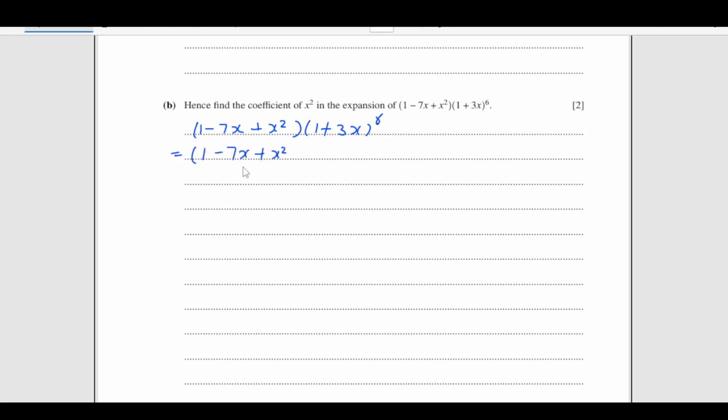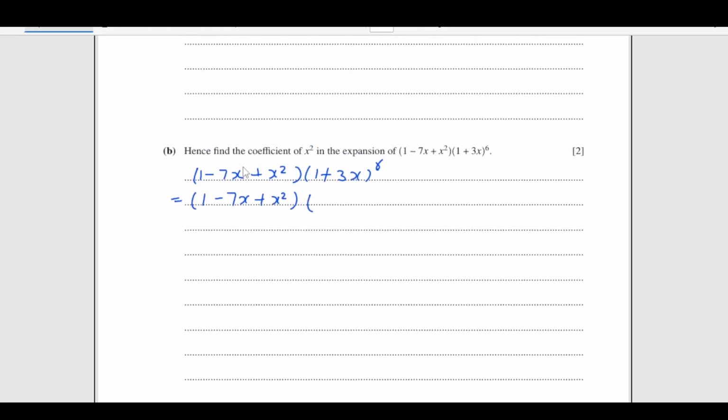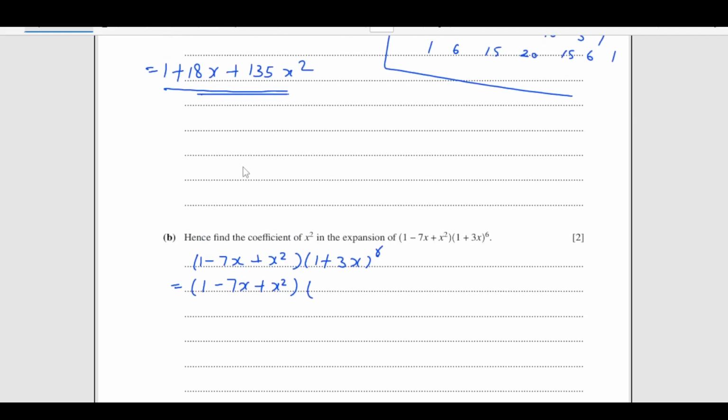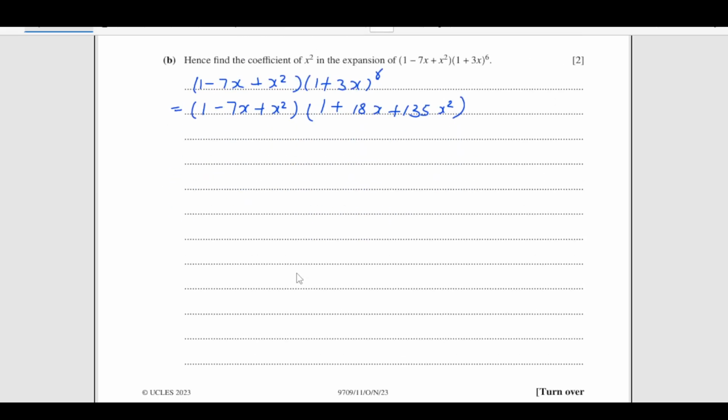This remains as it is. So (1 minus 7x plus x squared) times (1 plus 18x plus 135x squared), right? Now we are looking for the coefficient of x squared. We are going to get the coefficient of x squared when you multiply 1 to this term.